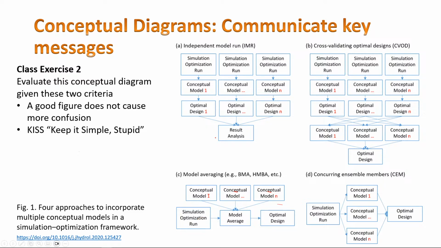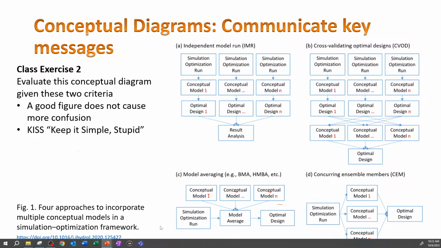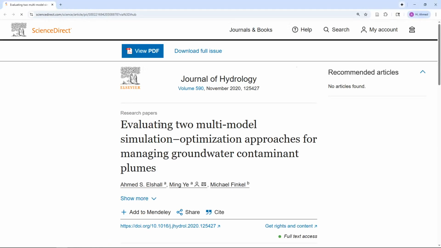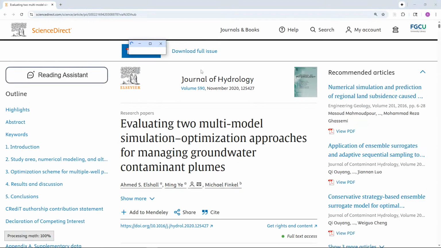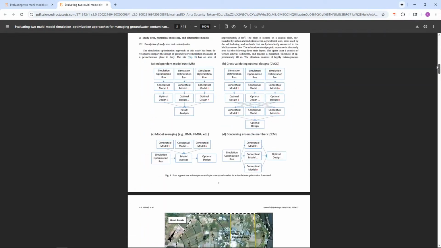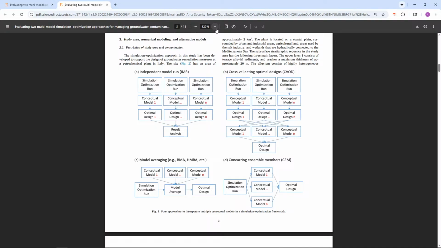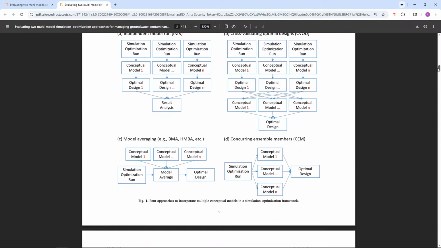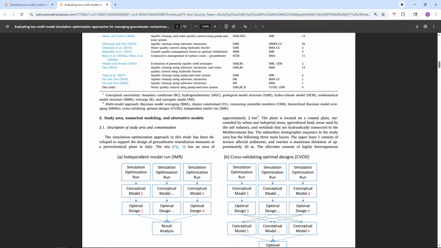So, communicating some key messages, yeah. And you can check this paper if you want to learn more about this. In this paper, I have this conceptual diagram, and then I explain it, and then I put examples from literature.